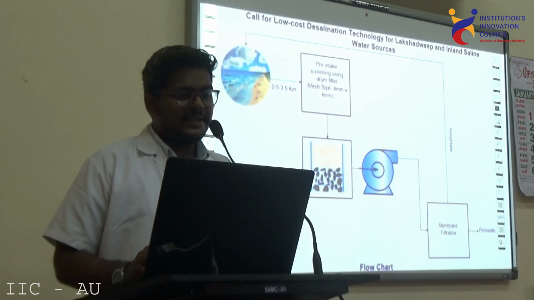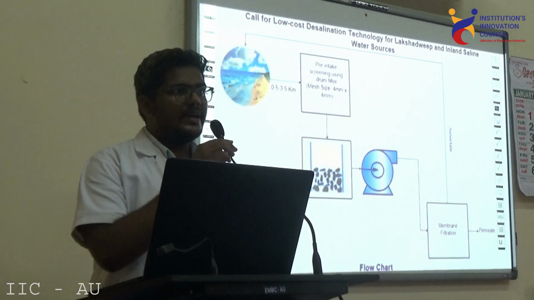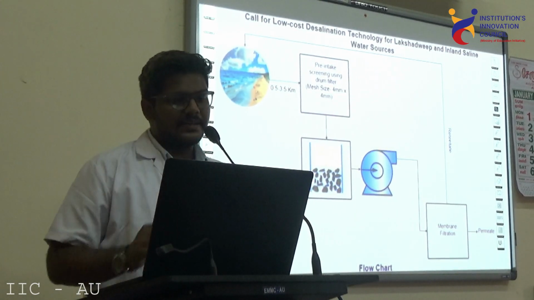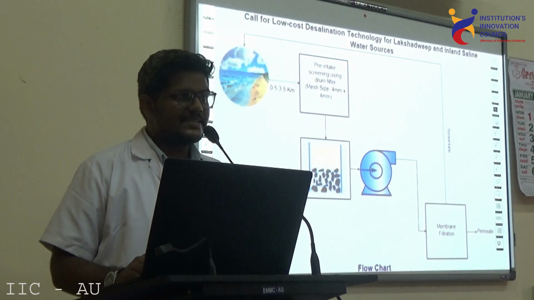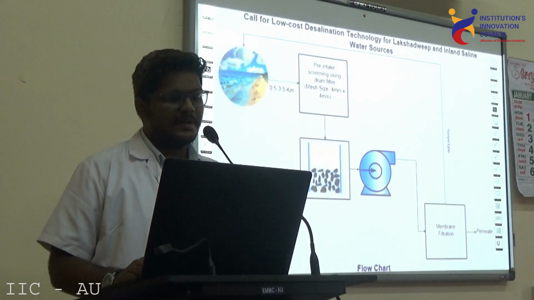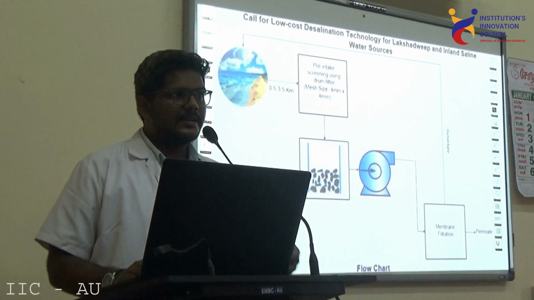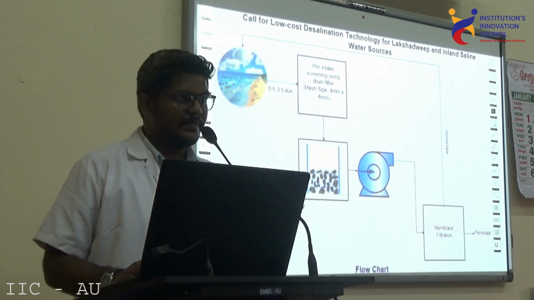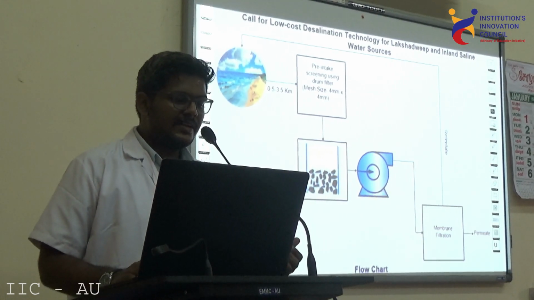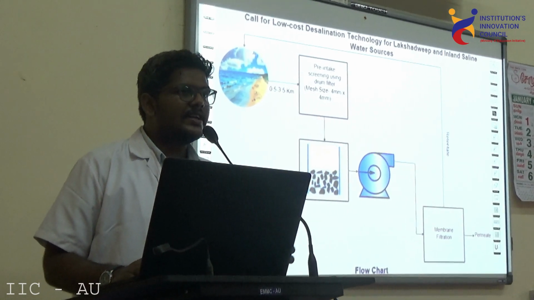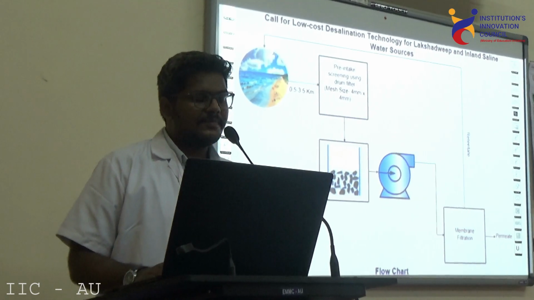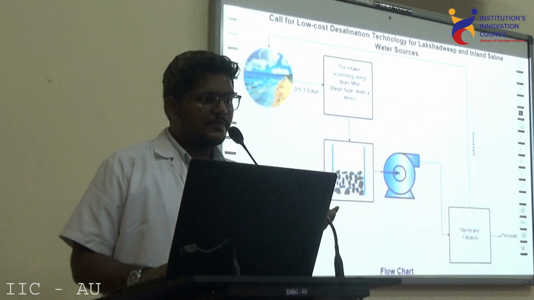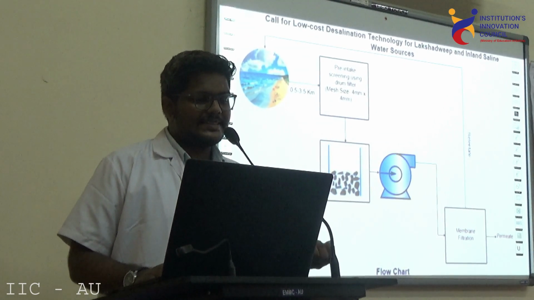First, we will be taking the seawater into a drum filter, which has a mesh size around 4 by 4 mm. Then large debris like shoes and other substances will be removed. From that we will be giving it to a sand filter where we remove impurities such as dust particles, etc.